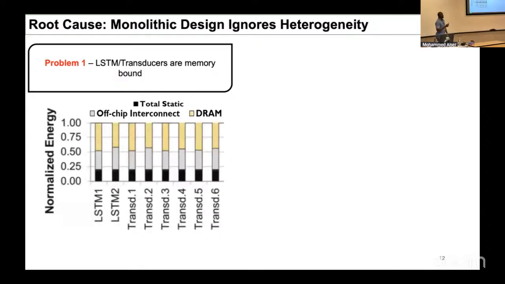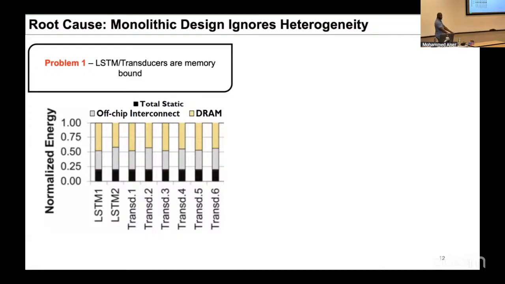So when you test the energy use of LSTMs and transducers, which are real neural network models, you see that they spend much time just accessing the DRAM and transferring the models from the DRAM to the actual processing.